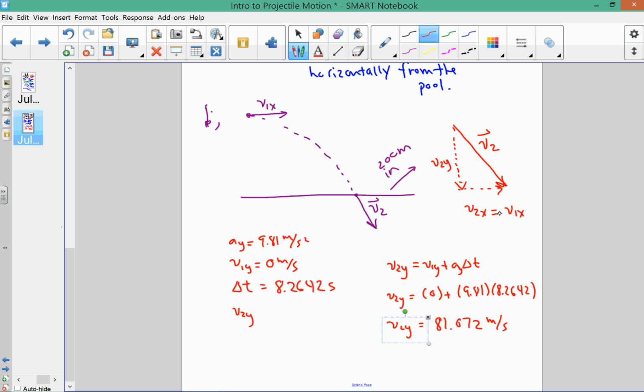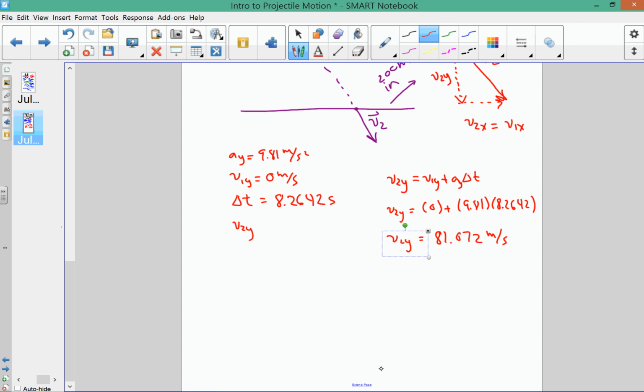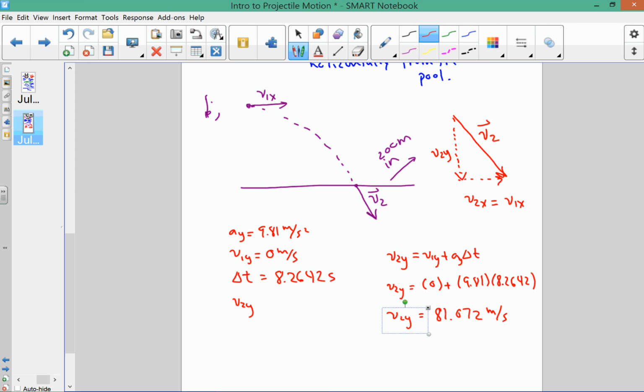So now we know v2y, and we know v1x. It's the same as our original x velocity. We have enough information to solve for v2. So we can use this triangle here to say the magnitude of our velocity is the square root of v2y squared plus v2x squared.